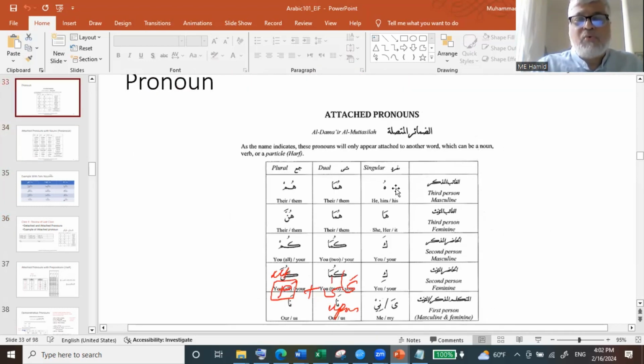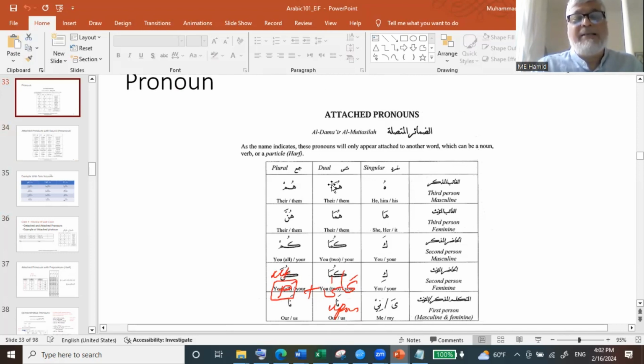Ala plus hu. We say ala-hu, but it will be pronounced alaihi. Not ala-hu, but alaihi. A transformation happens because it's difficult to pronounce alaihu. We say alaihi, upon him. Alaihima, upon them two. Alaihim, upon them.